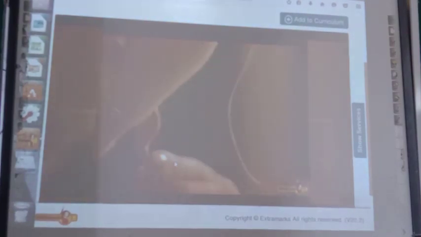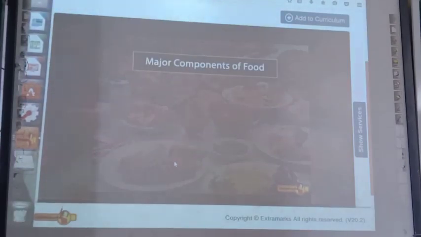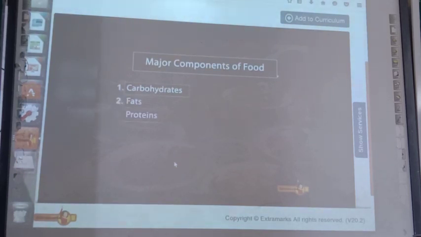The process by which organisms obtain food and use it for their growth, metabolism, and repair is known as nutrition. The nutrients present in food are carbohydrates, fats, proteins, vitamins, minerals, water, and roughage.